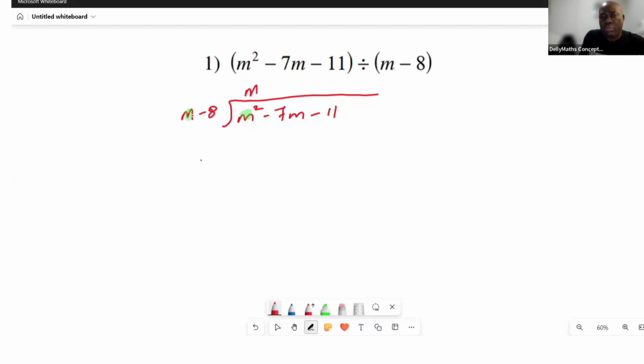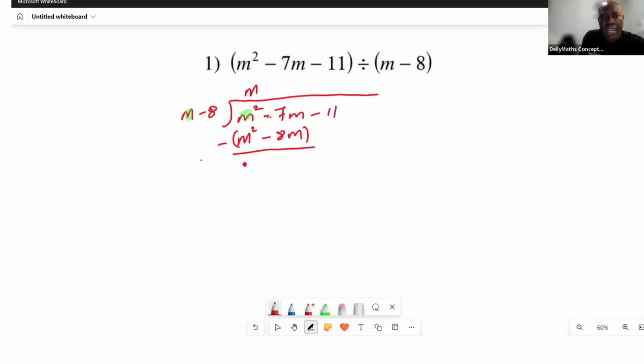And then we're going to multiply. So we're going to multiply m times all of this. So m times m will give us m to the second, and then m times -8 will give us -8m. Now we're going to subtract. M squared minus m squared gives us a 0.